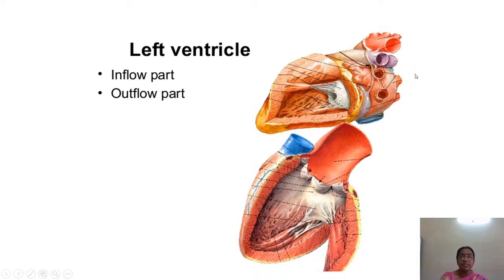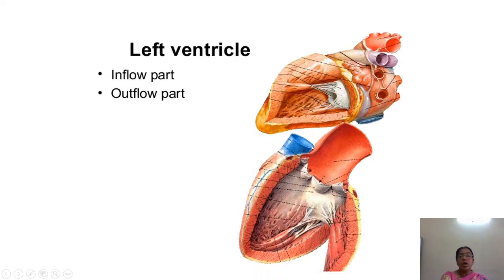The inflow tract is where the blood received from the lungs is sent into the left atrium, and from the left atrium to the left ventricle. That is the inflow part. There is also an outflow part. The blood received from the left ventricle is pure blood. It has to go for systemic circulation through the ascending aorta and arch of aorta.